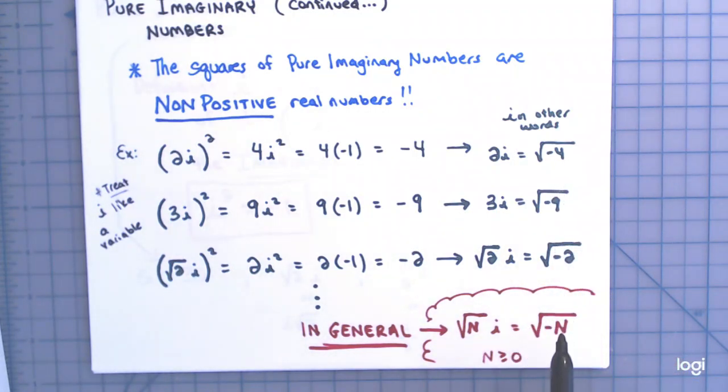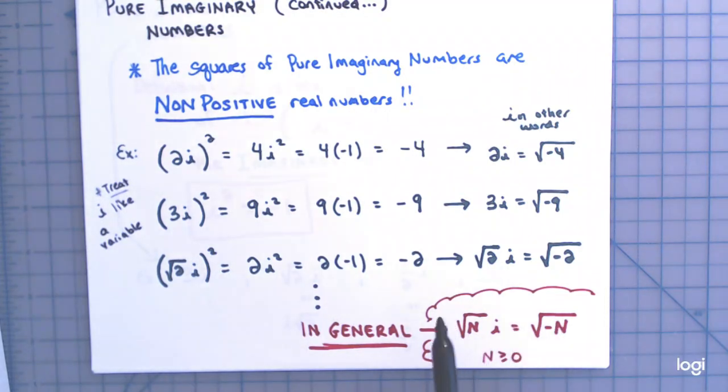When you see that, the square root of negative n, you can rewrite it using this imaginary unit as the square root of n times i. And so you can write the square root of a negative number as one of these pure imaginary numbers: the square root of n, where n is non-negative, so this is a real number, times i. Or if you'd like, put the i first, i times the square root of n.